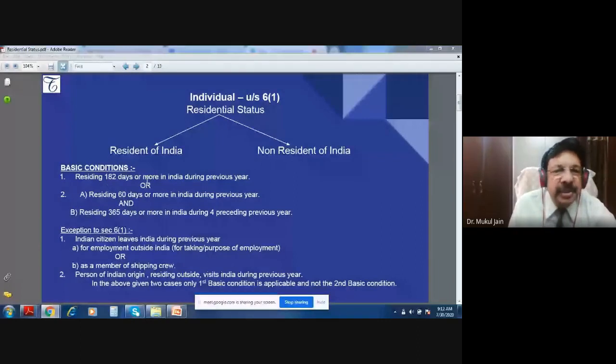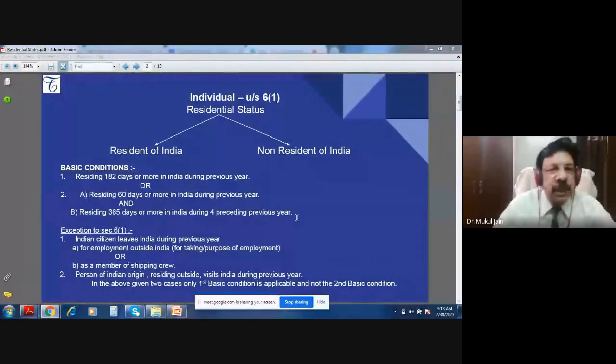Or suppose somebody was not able to complete 182 days in the previous year, then there is a second condition: he or she should be residing 60 days or more in India during the previous year, at least 60 days plus, and residing 365 days or more in India during the 4 preceding previous years.